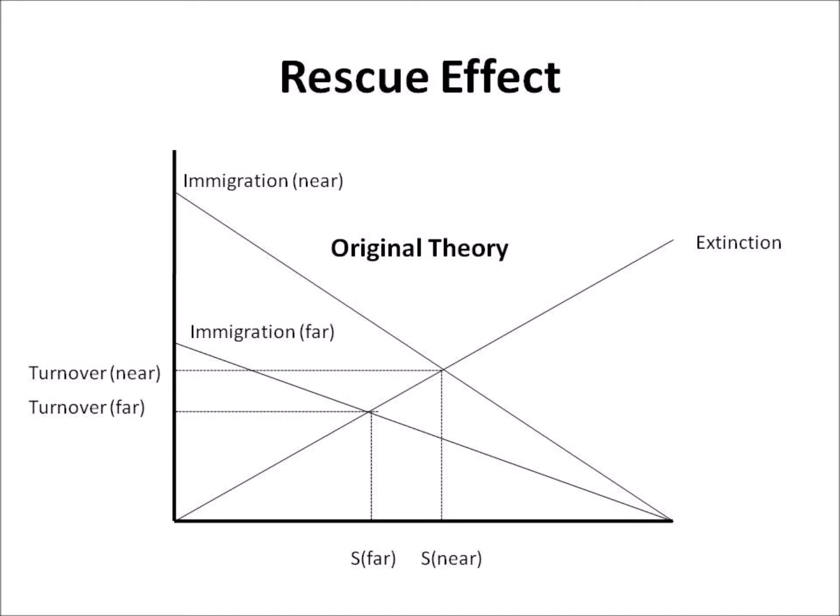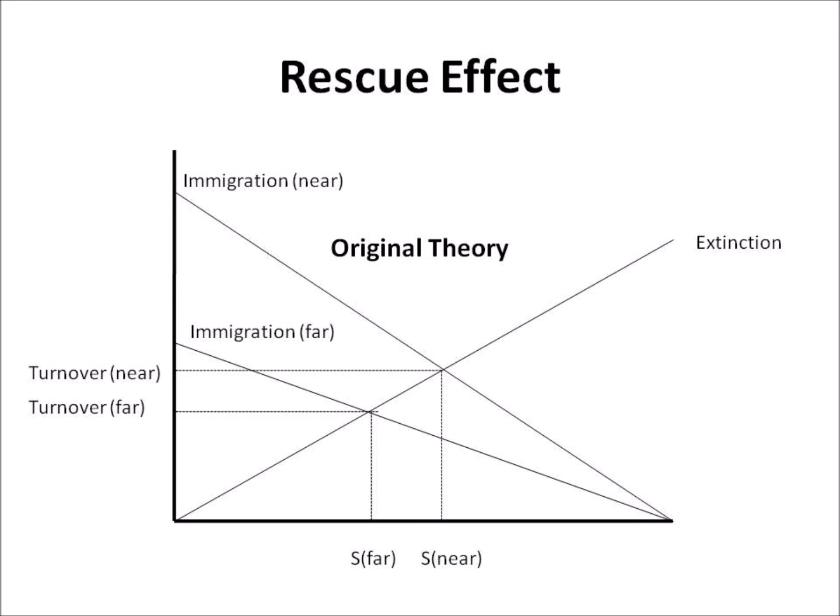So again, original theory, near versus far islands influences only immigration, not extinction. This figure here is assuming that both islands are the same size, the only difference is how close they are to the mainland. So original theory, the far island is going to have a lower rate of immigration than the near island, but both are going to have the same extinction rate because they're the same size.